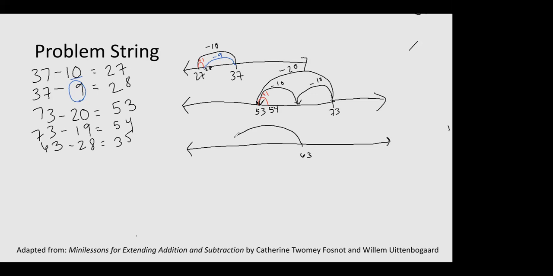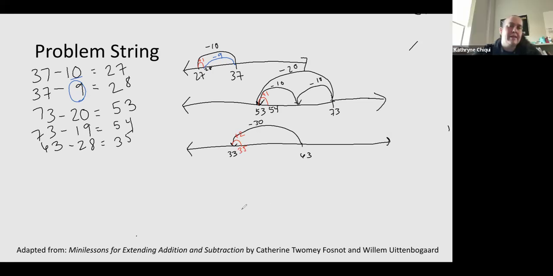Yeah, subtracted 30. So I got 63 minus 30 is 33, and then I needed to give 2 back. Great.